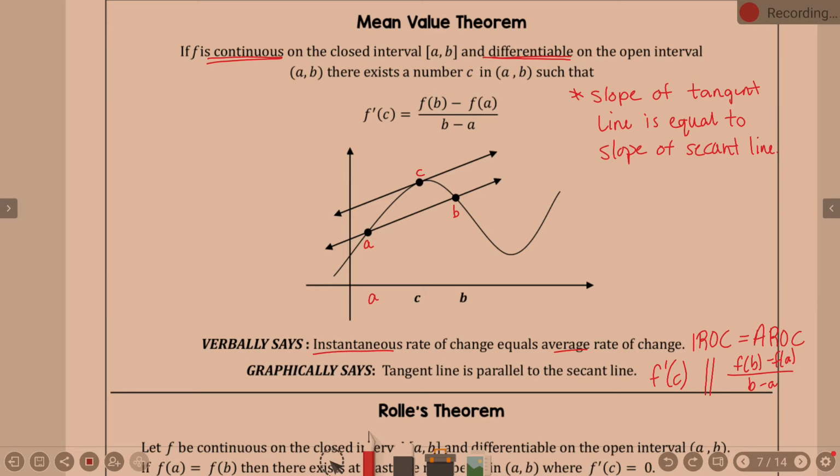Okay. Differentiable. A graph that is continuous is differentiable pretty much everywhere except at cusps, sharp points.